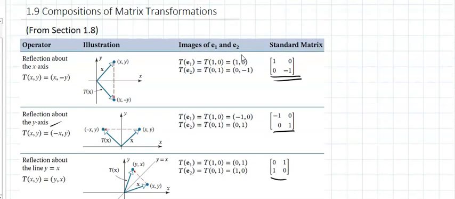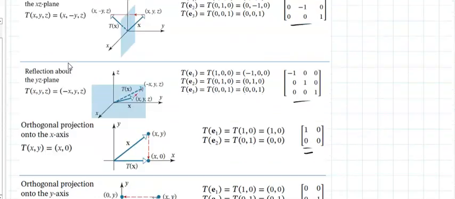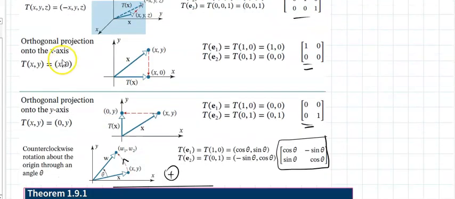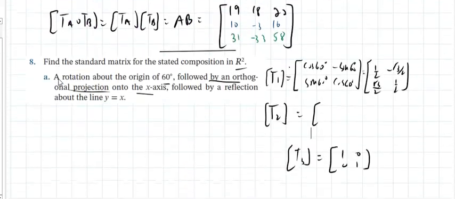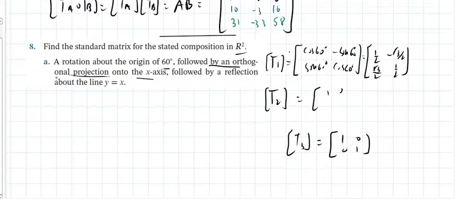And x-axis, that will be not reflection, projection. Projection on the x-axis is 1, 0, 0, 0.